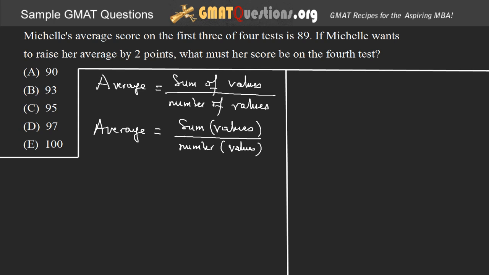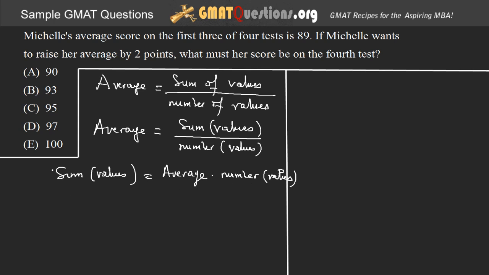What is important here is the fact that the sum of the values is equal to the average times the number of values.